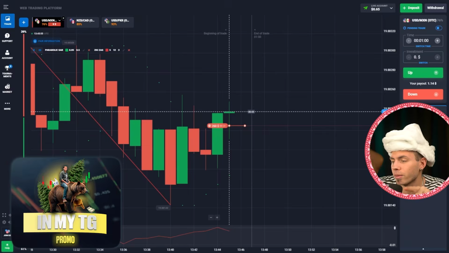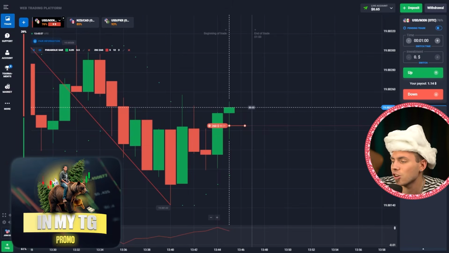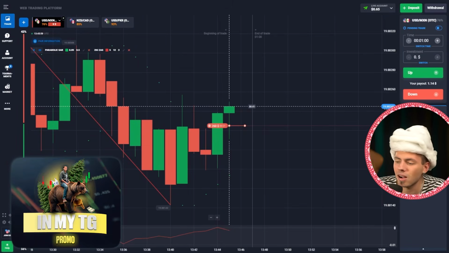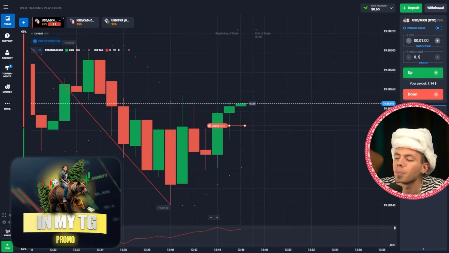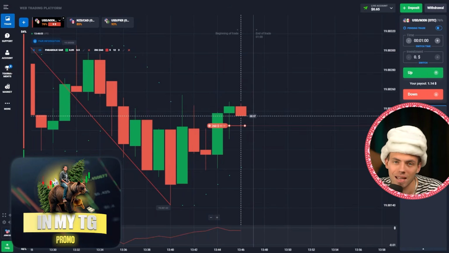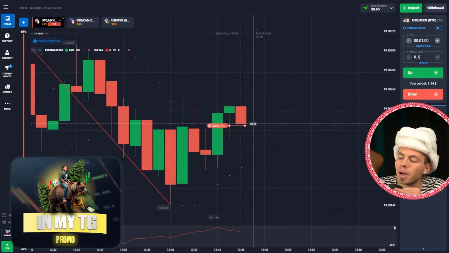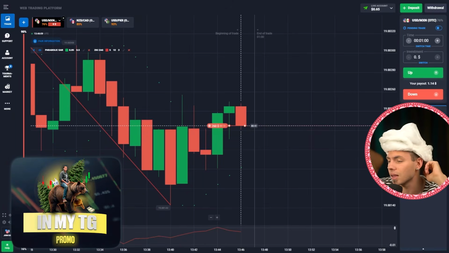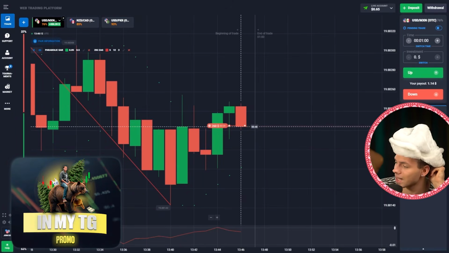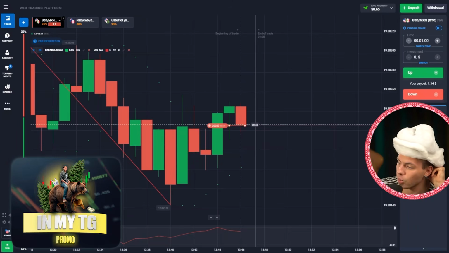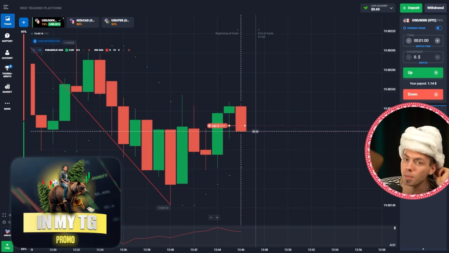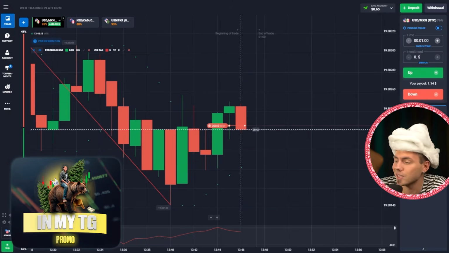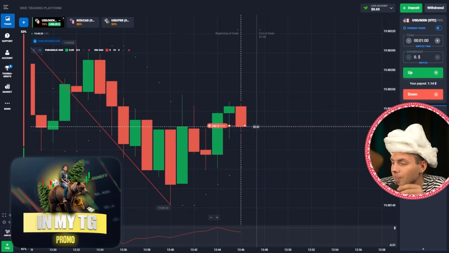Between these two levels we have a very strong resistance, which means the price can oscillate in between these levels, but definitely will not break out of the upper level of this range. This means we will see the option going down, the short option, and all we need is to be a little bit patient, guys.